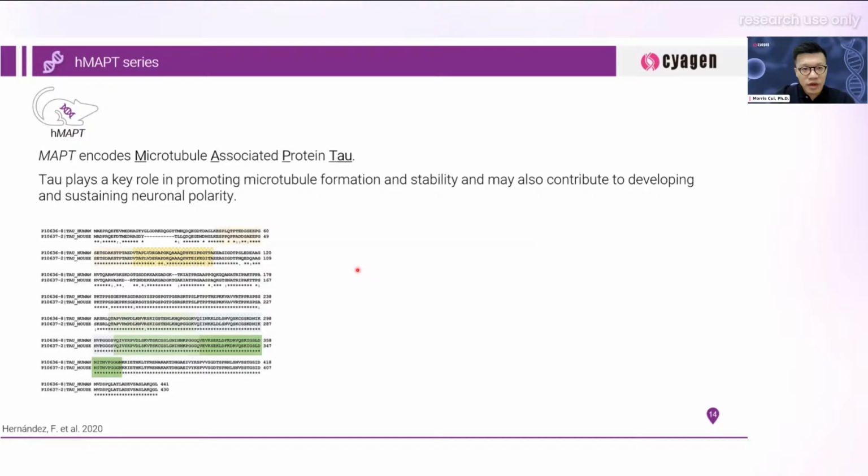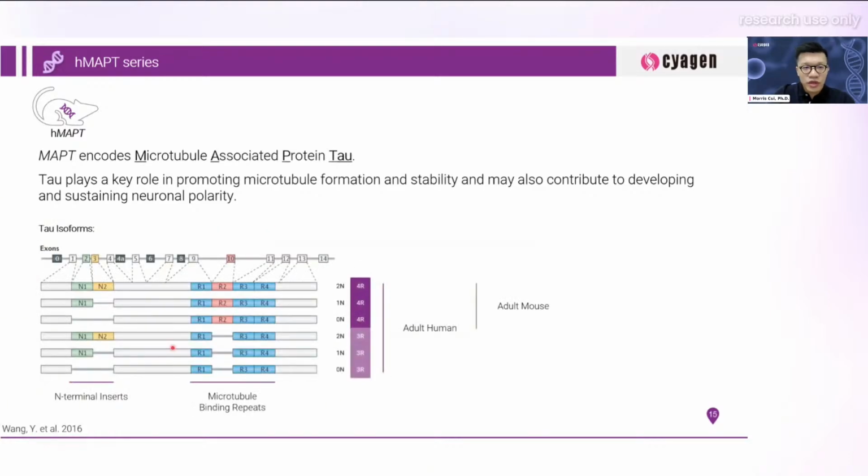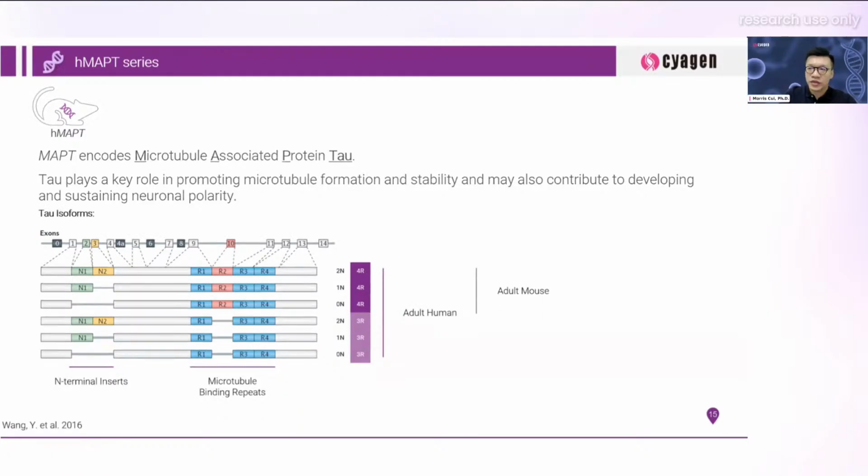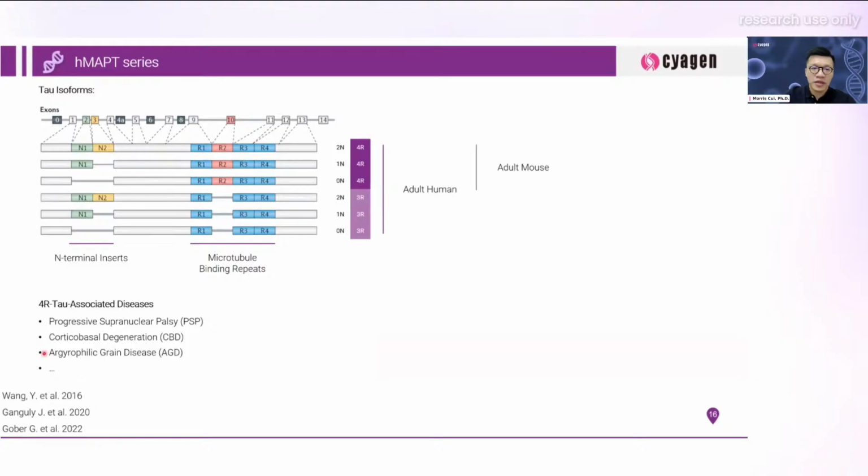To be more easily clarified, we usually classify tau isoforms using two key markers. One is called the N-terminal inserts, but only in human we see 3 repeats. This fact matters because though we see many 4-repeat tau-associated diseases such as PSP, CBD, and AGD, we also see 3-repeat tau exclusively associated diseases such as Pick's disease.